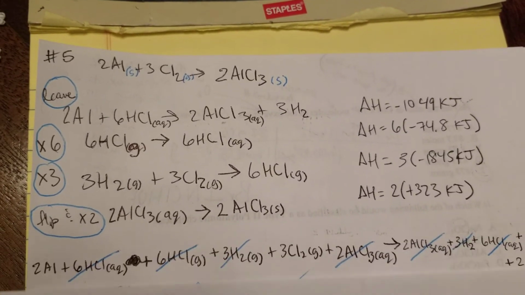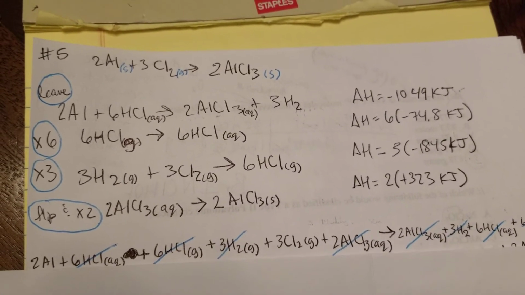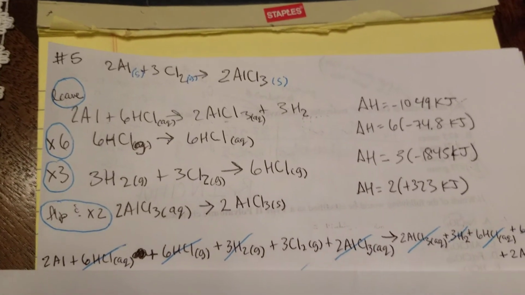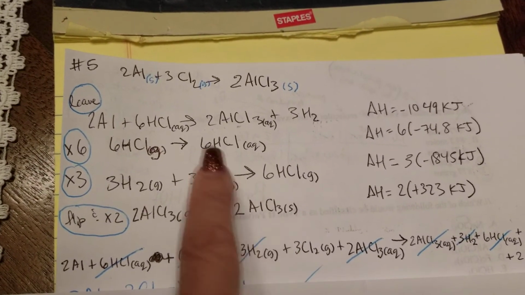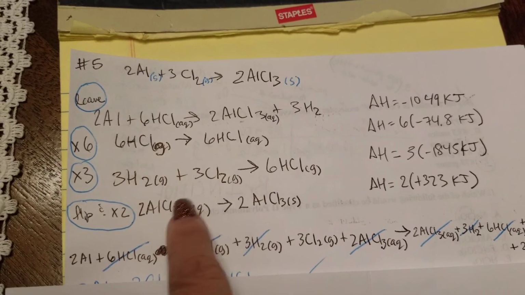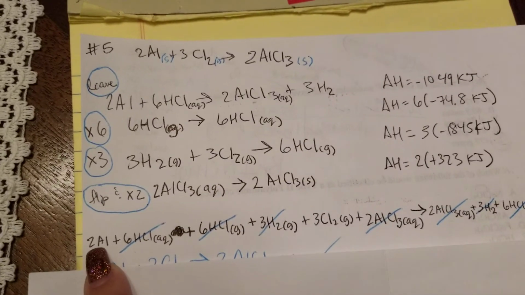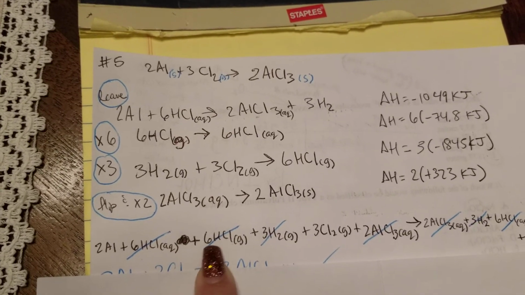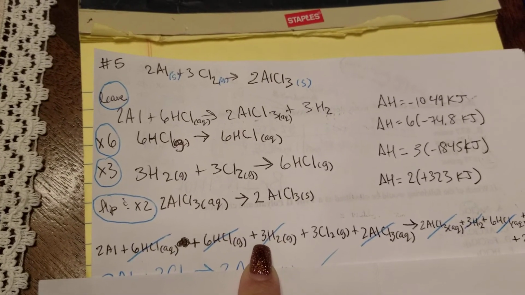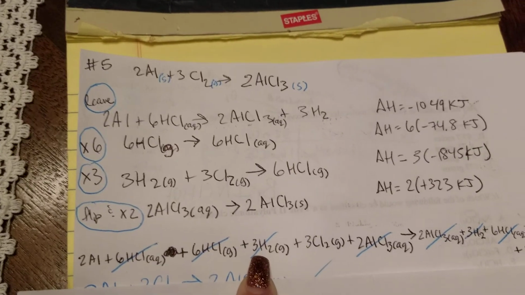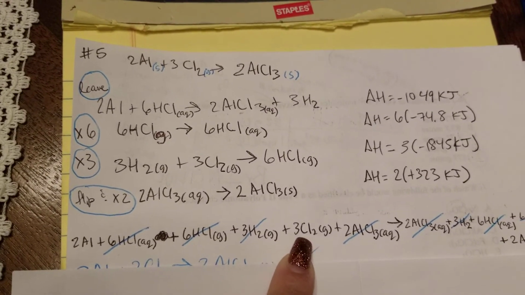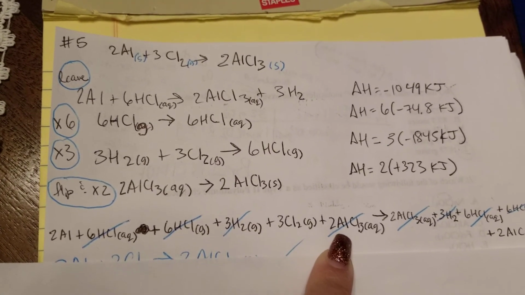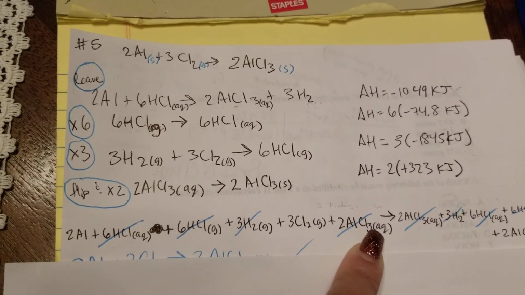So then what I did is I literally rewrote everything over again. So I rewrote all of the reactants, everything before the arrows, and I wrote them down. So 2 aluminums plus 6 HCl aqueous plus 6 HCl gas plus 3 H2s plus 3 Cl2s plus 2 aluminum chlorides aqueous.